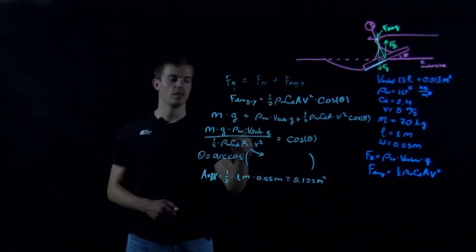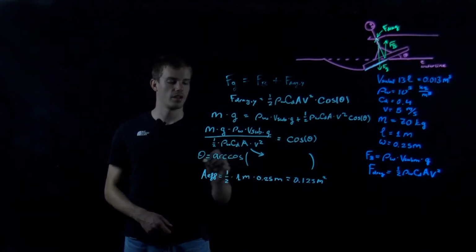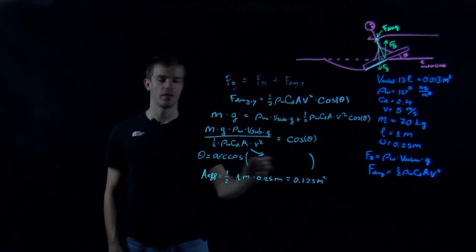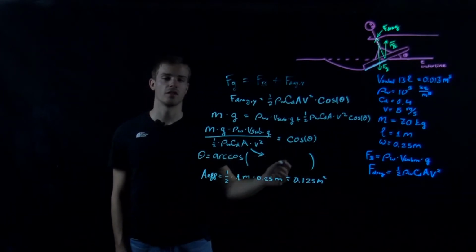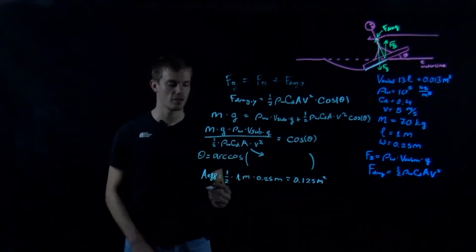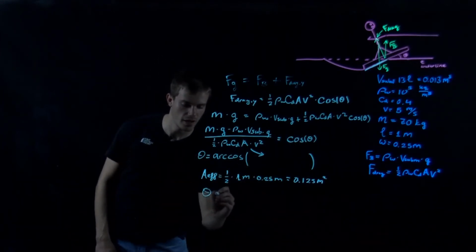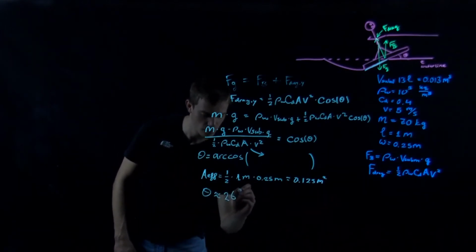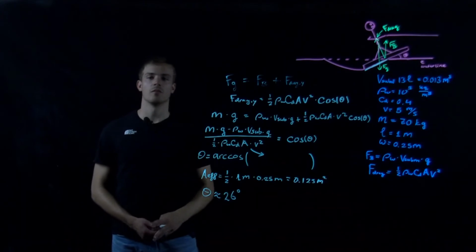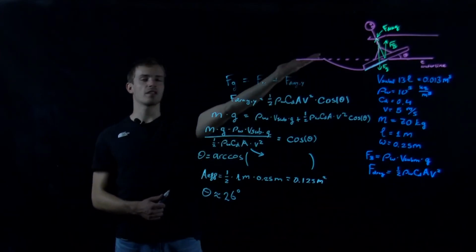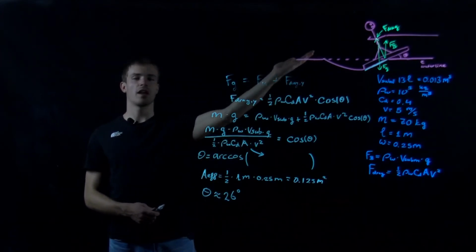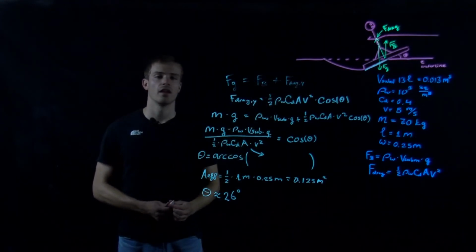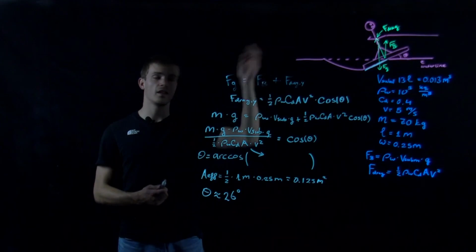If we fill in those constants within this formula, with the arc cosine function over the other function, we get for theta almost 26 degrees. So my wakeboard has to go at an angle of 26 degrees with the surface of the waterline to keep me upon the surface.